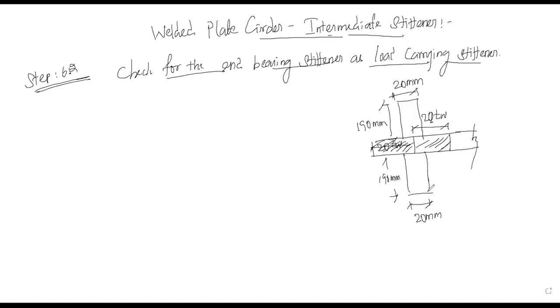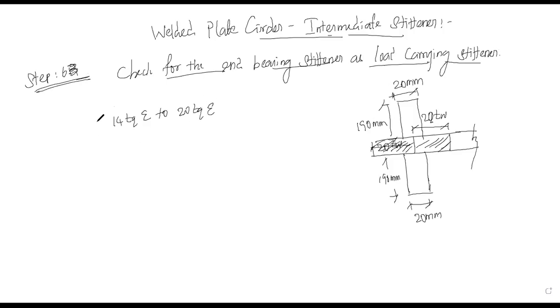So in that, the first check is check for buckling of stiffener, that is check for outstand of stiffener. That is within the limit, between 14 times t into epsilon to 20 times t into epsilon.